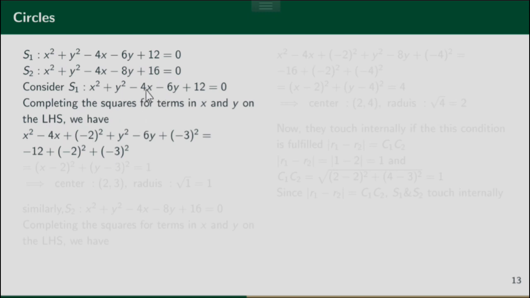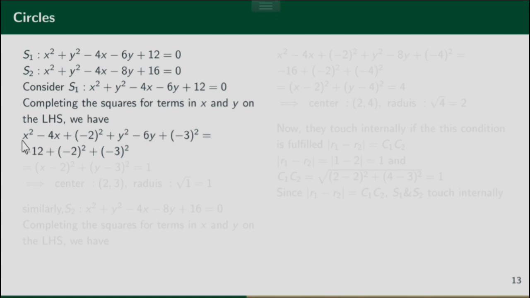Half of -4 is -2. I'll square that term and add it to the left hand side and also to the right hand side. The coefficient of y is -6, half is -3. I square it and add it to the left hand side and also to the right hand side.